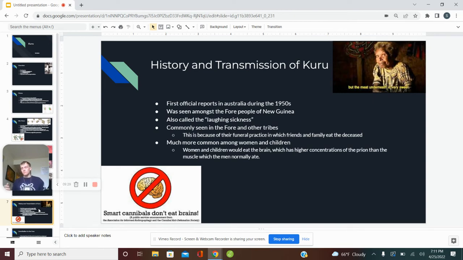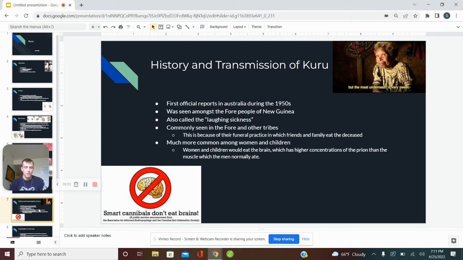Papua New Guinea was Australia's territory, but they hadn't been surveying the area, and in the 1950s, as they began to survey the area, they found these tribes. And some of these surveyors described a sickness, a shaking sickness that they had been seeing.